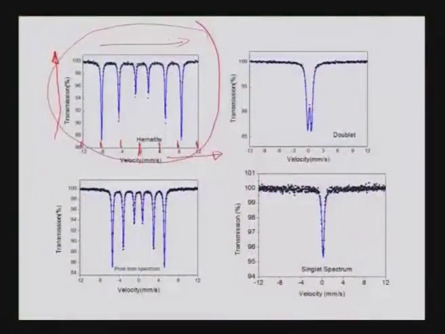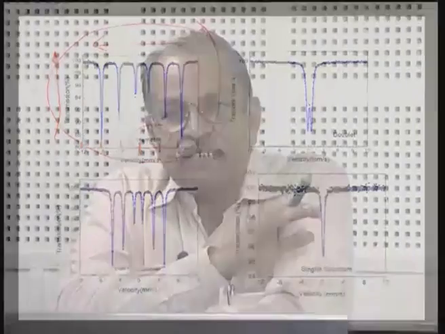From this splitting, the magnitude of the splitting from the 1st to 6th line and the other positions, I know this is for hematite. Hematite is Fe2O3, alpha Fe2O3. If you have this alpha Fe2O3, you will have this kind of spectrum.